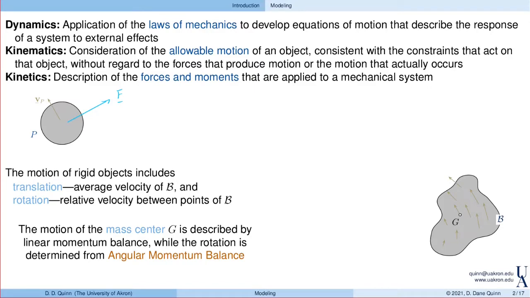That's going to be determined by linear momentum balance, or sum of the forces that act on this object, here that I've only shown one, is equal to the mass of the object times the acceleration of the particle, right? Again, it's a point mass. And this is linear momentum balance. And it's valid for any particle, right, or any small bit of mass.